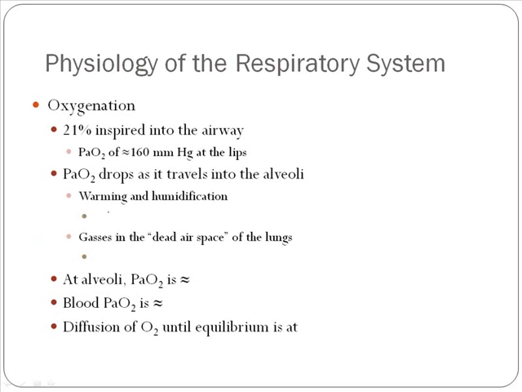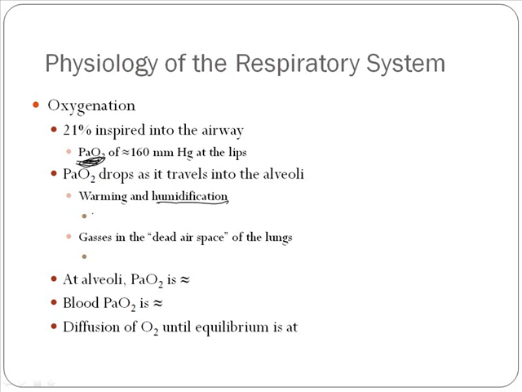We know that 21% of the air is oxygen by itself, which tells us that the PO2 at the lips is about 160 millimeters of mercury. Unfortunately, the PO2 does not stay the same as it travels down to the alveoli because of warming and humidification, which is basically water molecules being present in the lungs themselves.